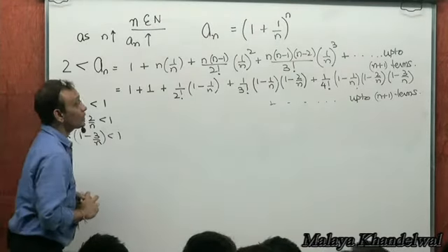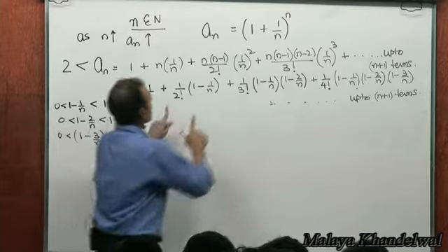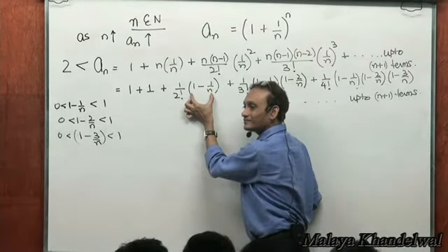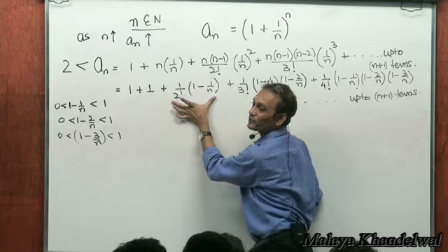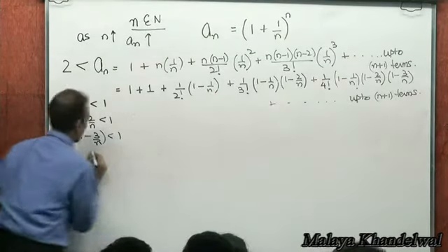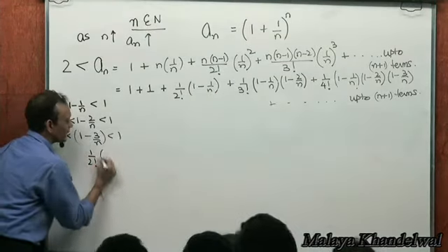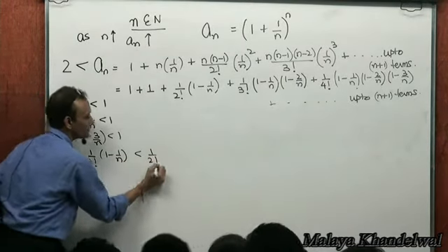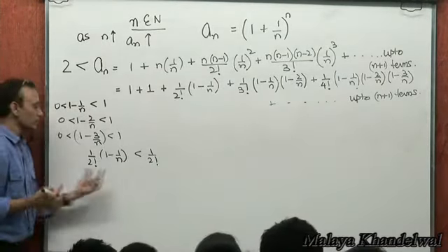So can I say that this is a number less than 1? Therefore, 1 by 2 factorial into 1 minus 1 by n will be less than 1 by 2 factorial, yes or no? Because this is less than 1.